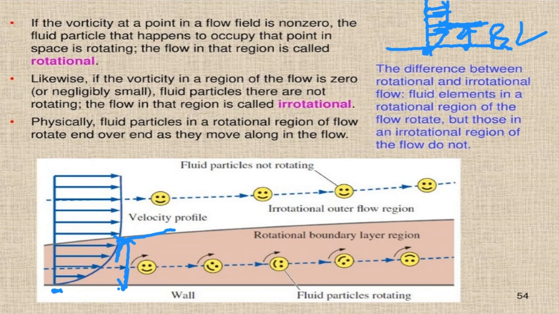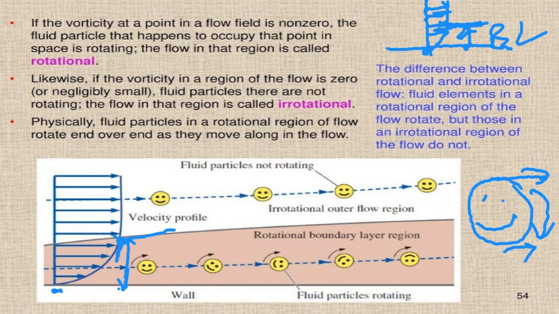So look at one of the smileys. The smiley has a higher velocity at the top than at the bottom. What would happen to the smiley? It will rotate, right? It will rotate like this. This is why we call this region the rotational region, because fluid particles rotate in the boundary layer region, which is the region where the viscosity effects are felt.